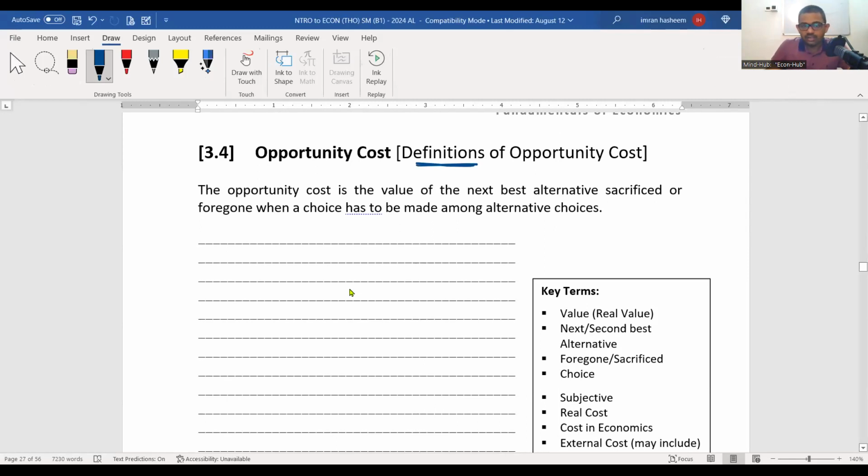So we have defined opportunity cost. Correct me if I am wrong, or if we have written something different. This is one way we can start the introduction to the definition we can give for opportunity cost.